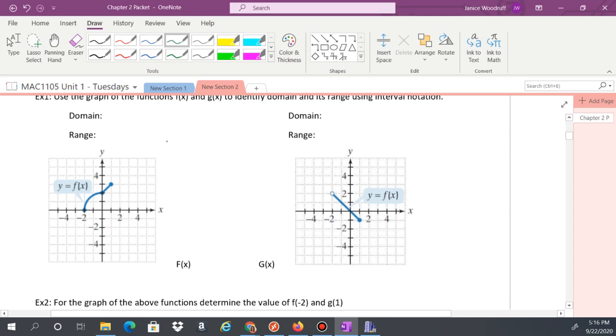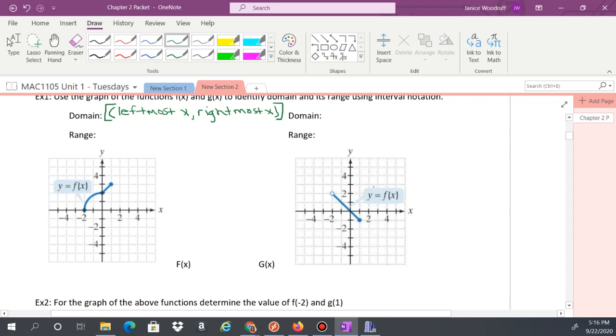Now with the domain and range, this is how you're going to do your interval notation. So you're going to do either a bracket or parentheses. And then for the domain, because that's your x value, that's left to right, we would do the leftmost x, and then we would do the rightmost x, and then a parentheses or a bracket.